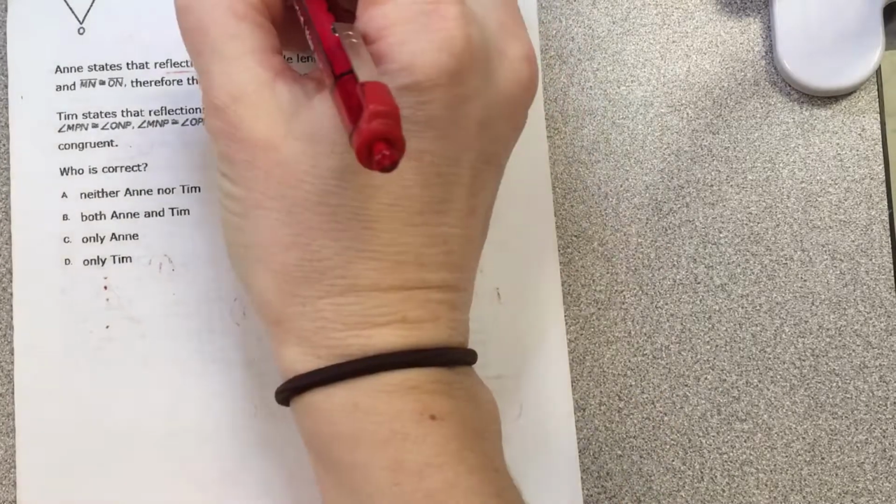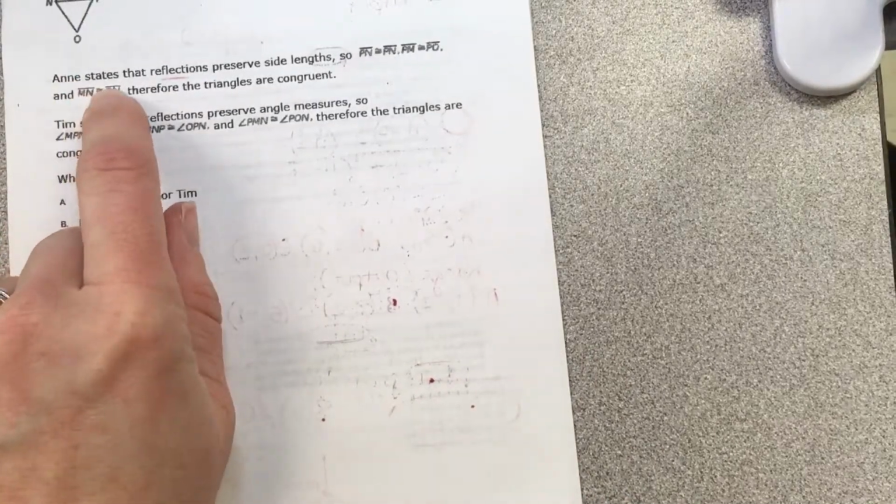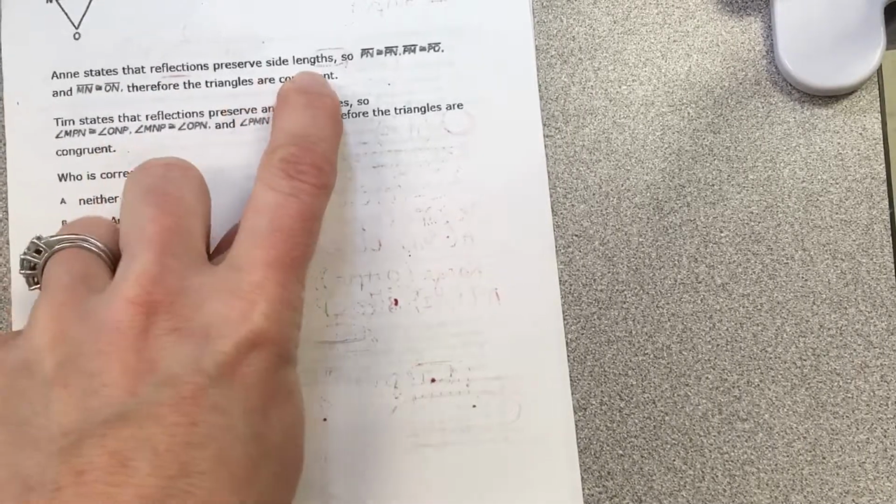In the figure below, triangle OPN is the reflected image of triangle MPN. As soon as I read something like that, I go ahead and circle it, so I know that I have a reflection. Go ahead and circle my keyword. Anne states that reflections preserve side lengths. Is that true?